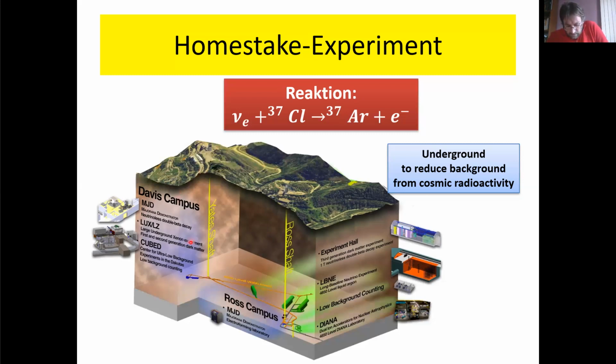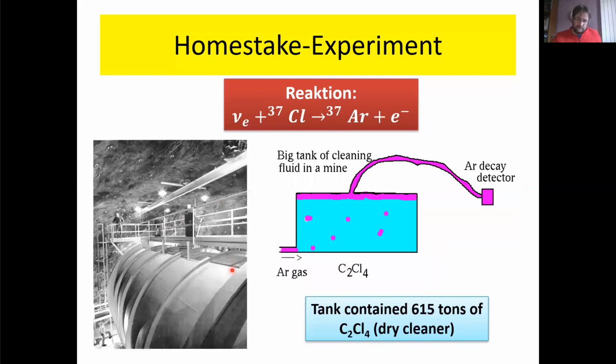So there's this Homestake mine, which I think is in Dakota, but I'm not sure. This is underground to get rid of this cosmic radioactivity. There was a big tank that contained 615 tons of C2Cl4, whatever the chemical word is, which is usually used as dry cleaner.